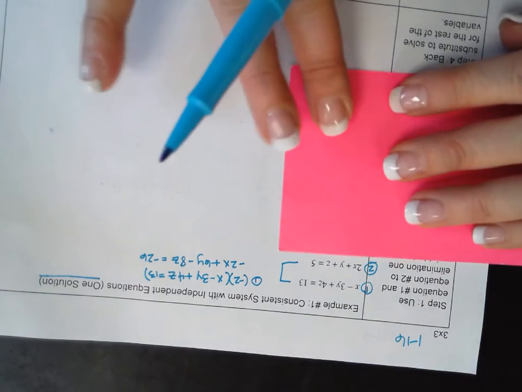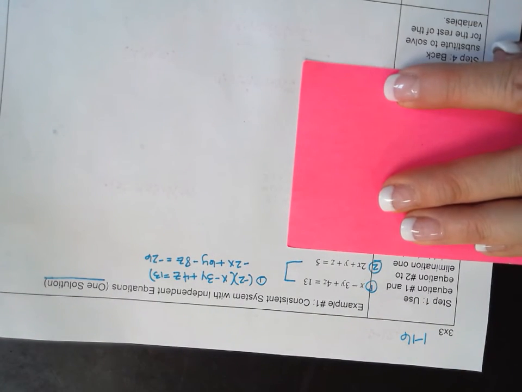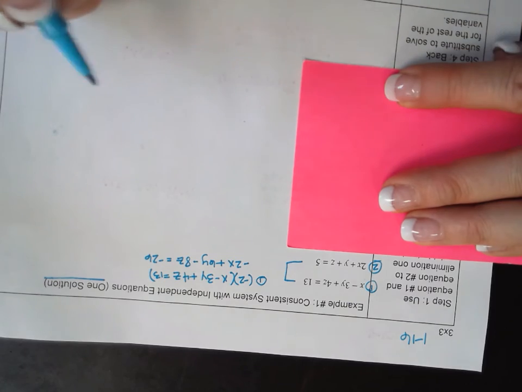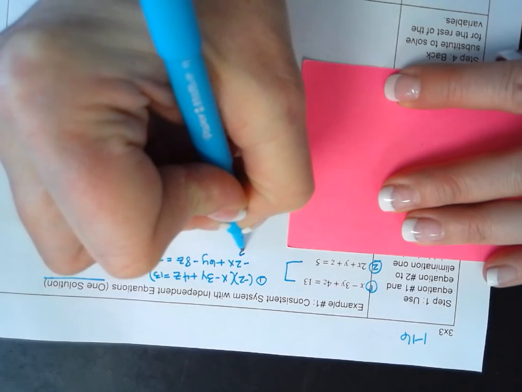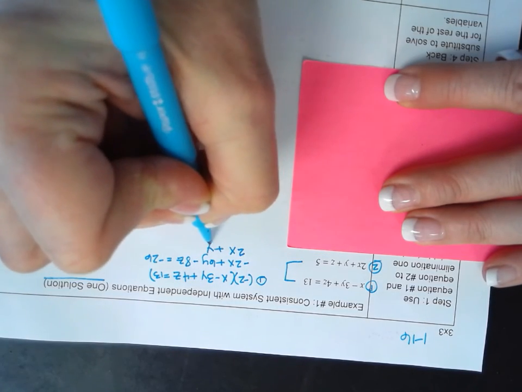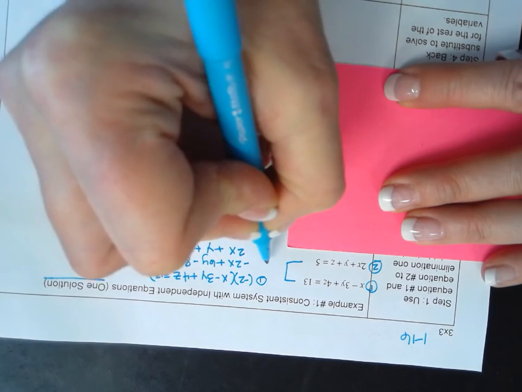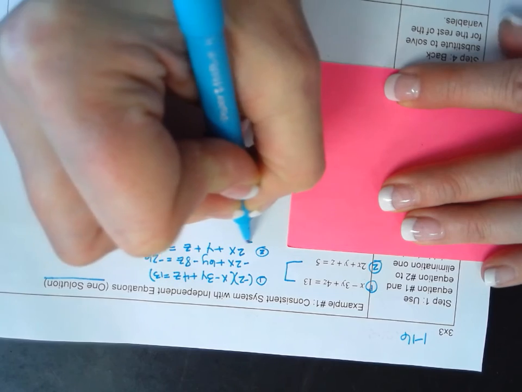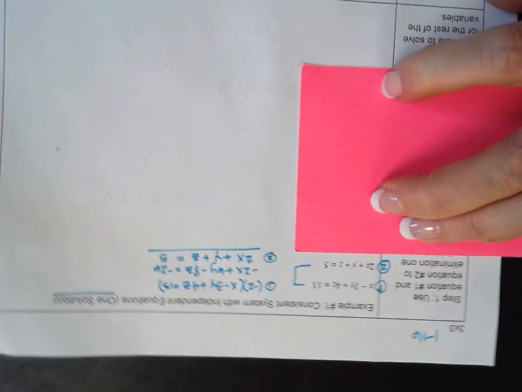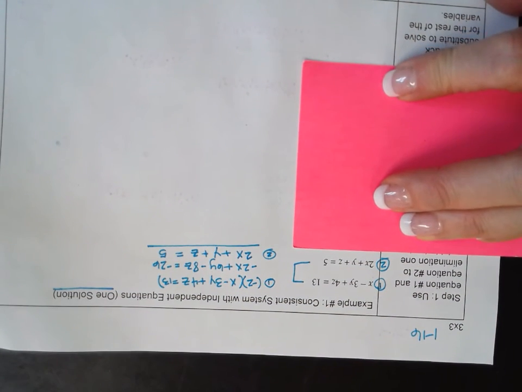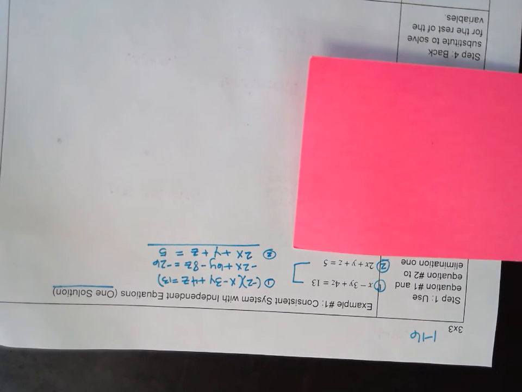Okay, I'm covering this back up because I'm not even going to think about 3. Okay, so here's my other equation. There's equation number 2. Okay.